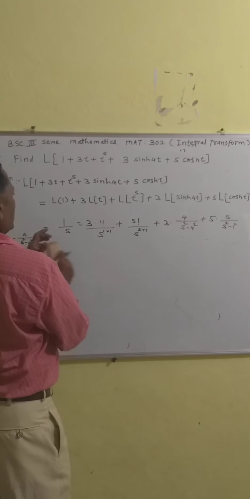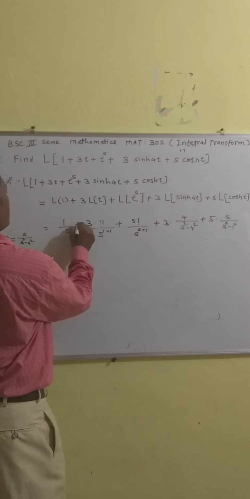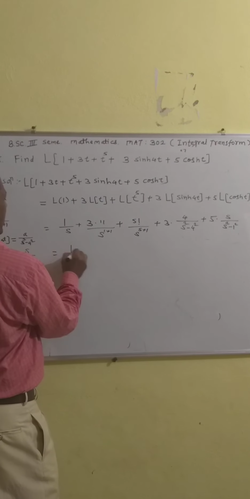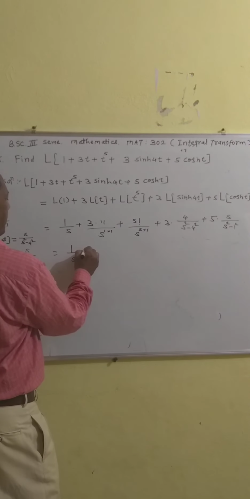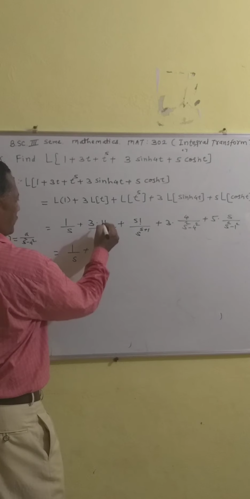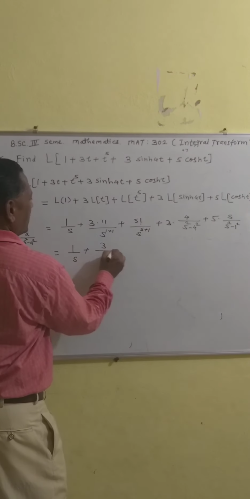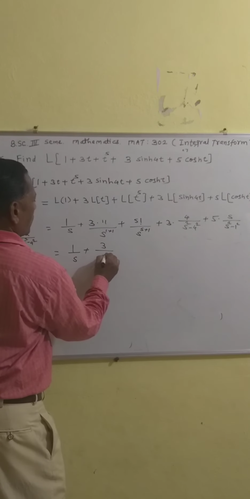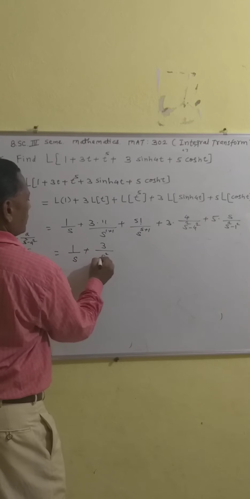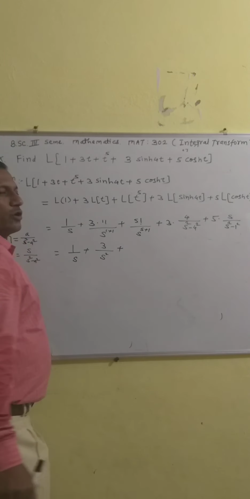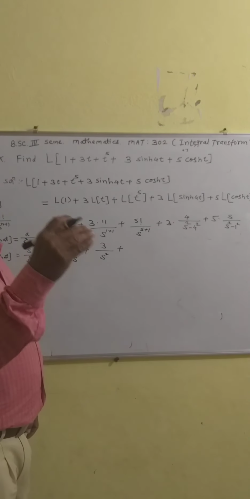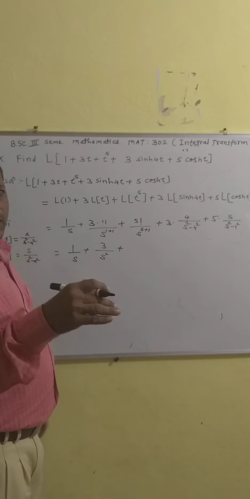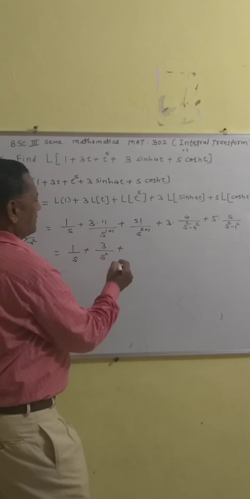So it is equal to 1 upon s plus factorial 1 is 1, 3 upon s raised to 2, plus factorial 5, meaning 5 into 4 into 3 into 2 into 1, or keep it as it is.